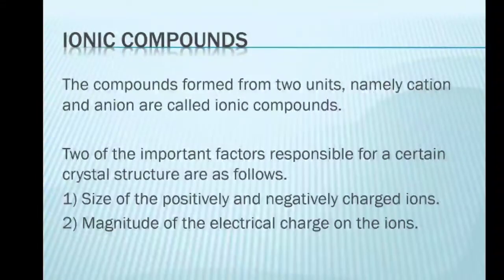The number of cations and anions in a compound and the magnitude of the electric charge on them is such that the positive and negative charges balance each other, as a result of which an ionic compound is electrically neutral.